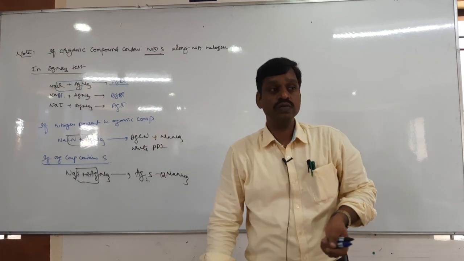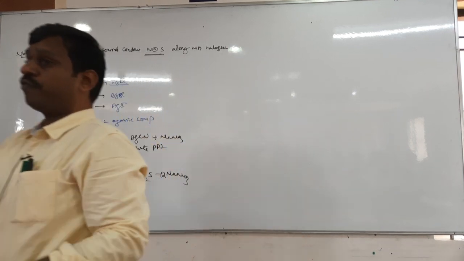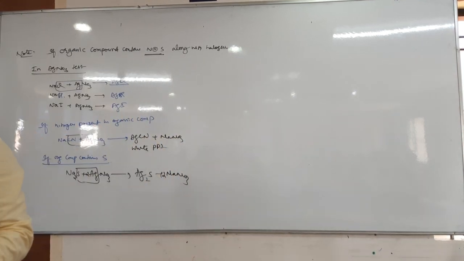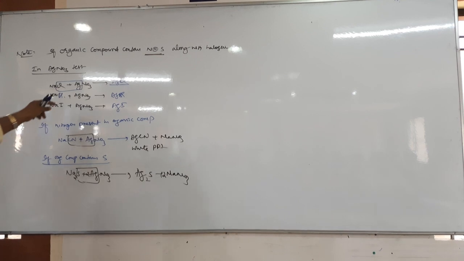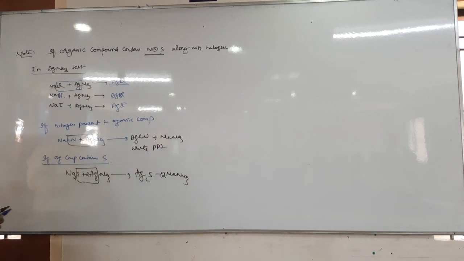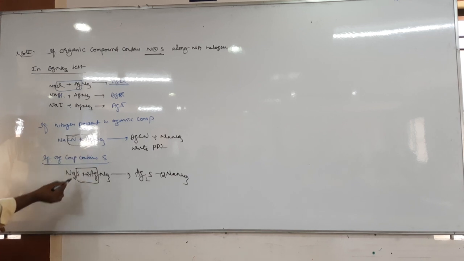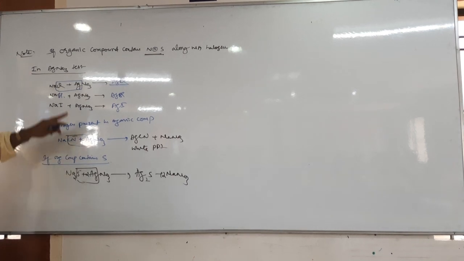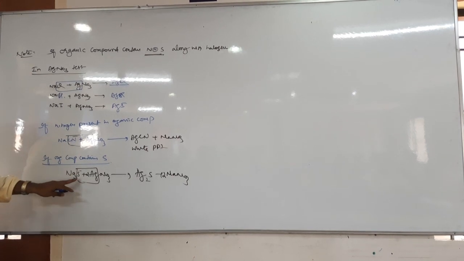So what to do before doing the halogen test, before this AgNO3 test? We need to remove CN minus and S minus 2. We need to destroy the cyanide ion and the sulfide ion, which means we should remove them from the SFE.